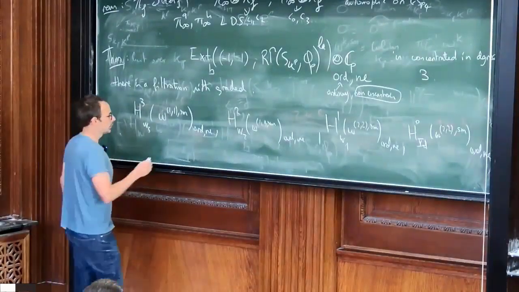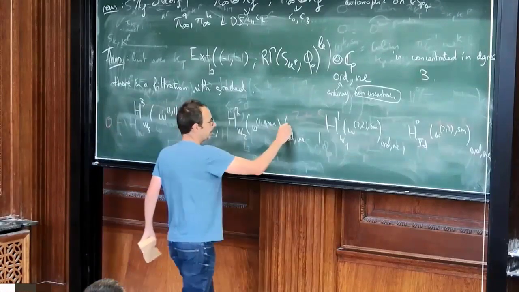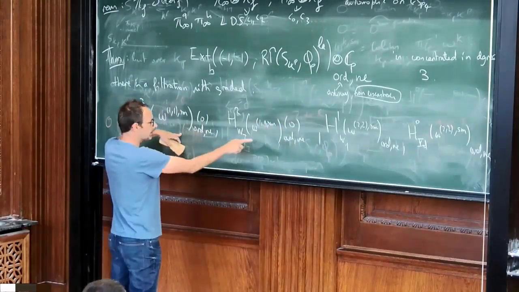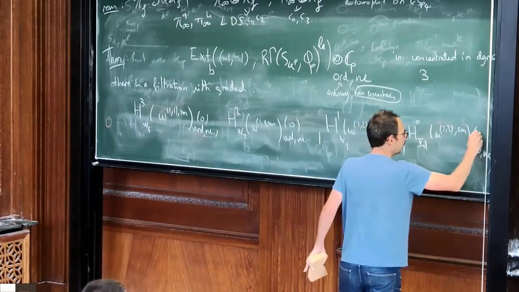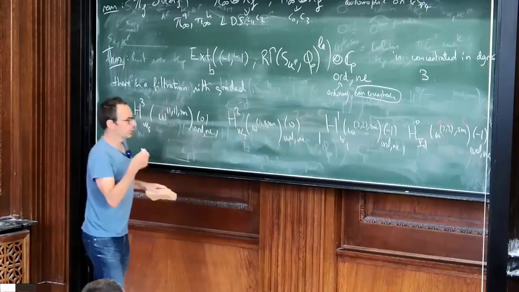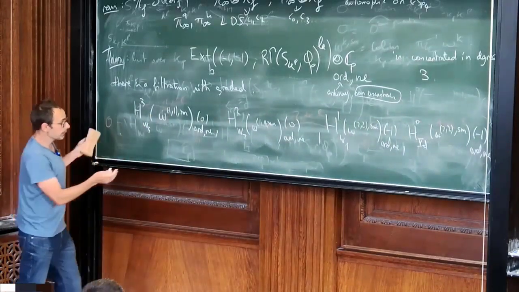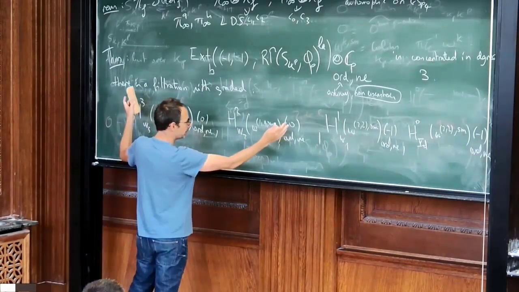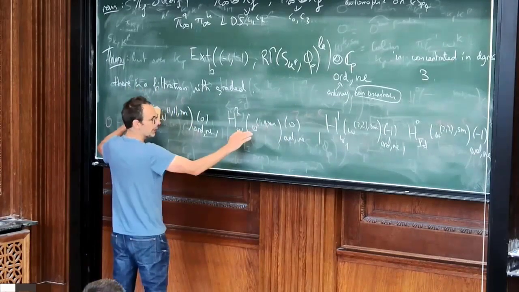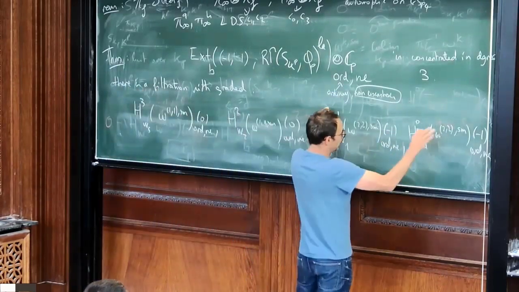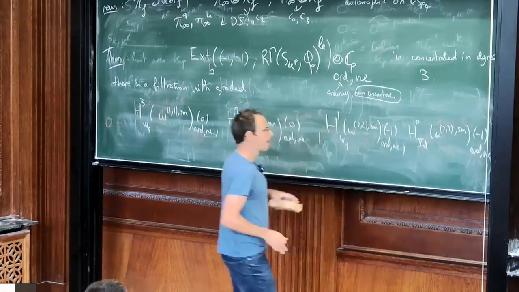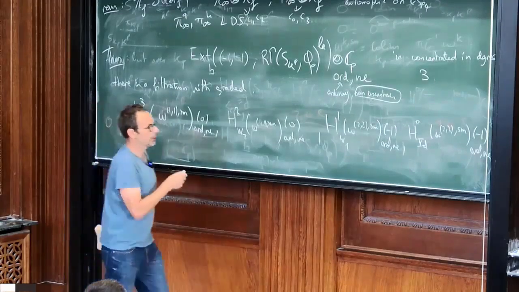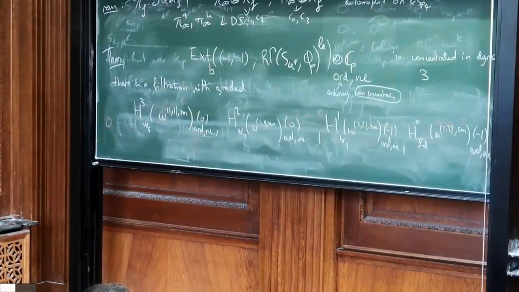I didn't put the twist, sorry, but maybe here are the weights. These two have weight 0, and these two have weight -1. The Sen operator is nilpotent on this part, and it's actually unipotent on this part. And so using the Sen operator, you indeed get two maps.